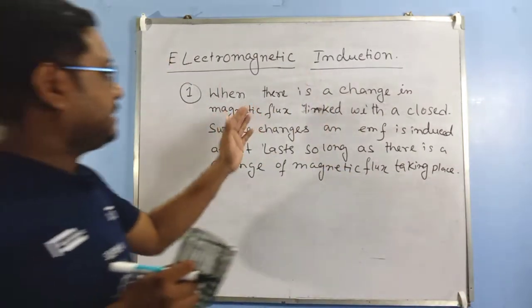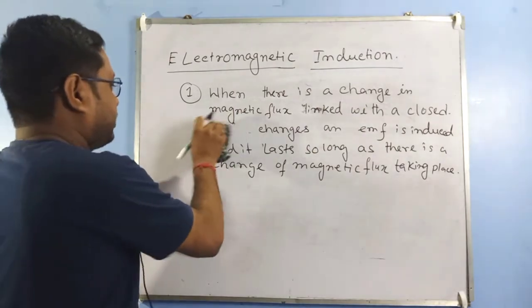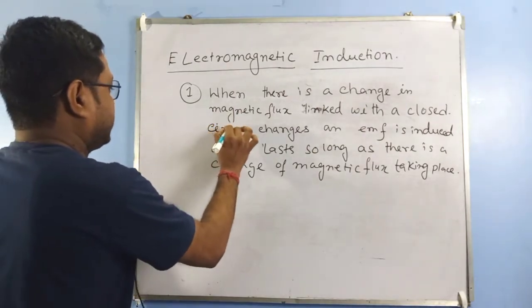When there is a change in magnetic flux linked with a closed surface or circuit, we can call it a circuit or surface.